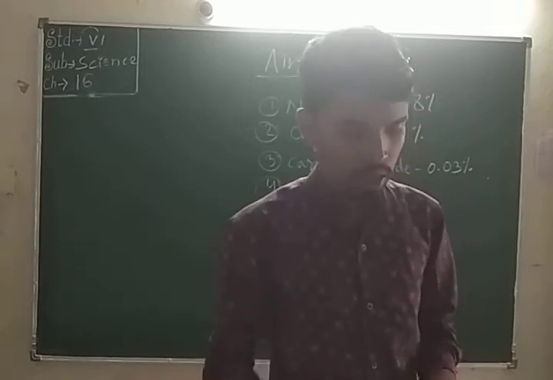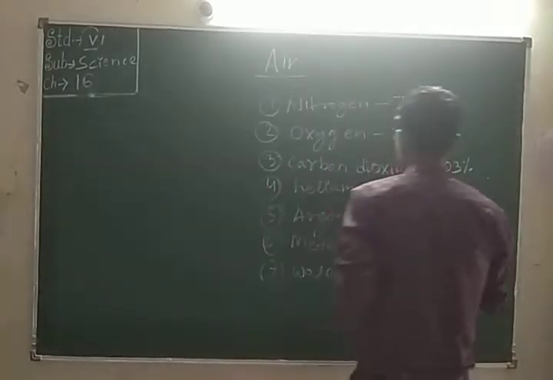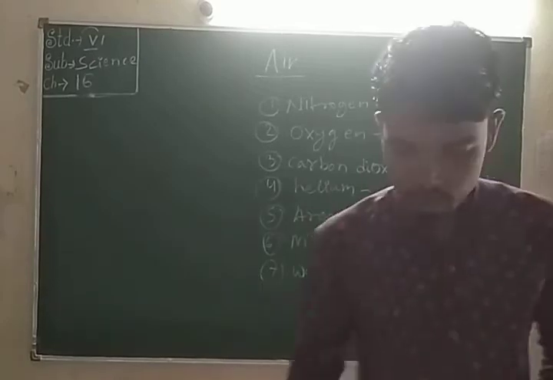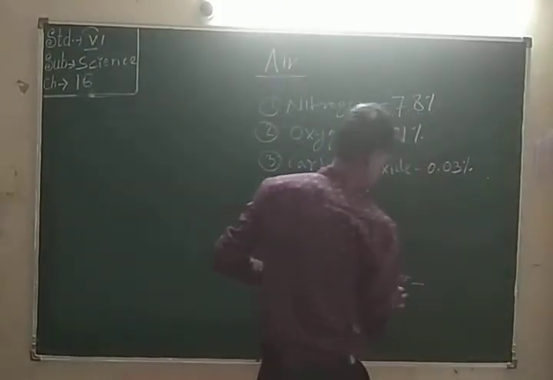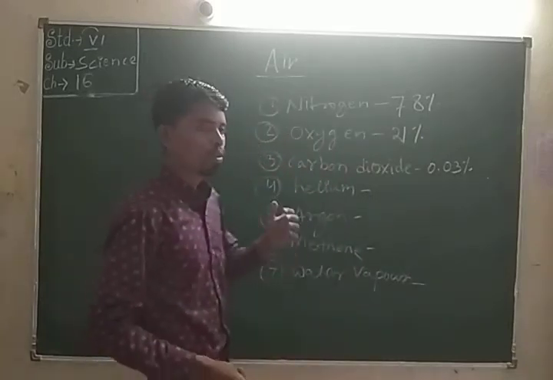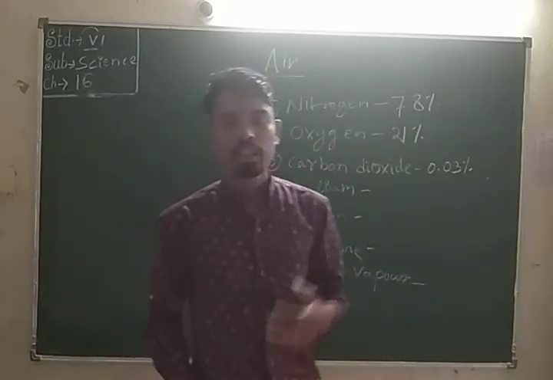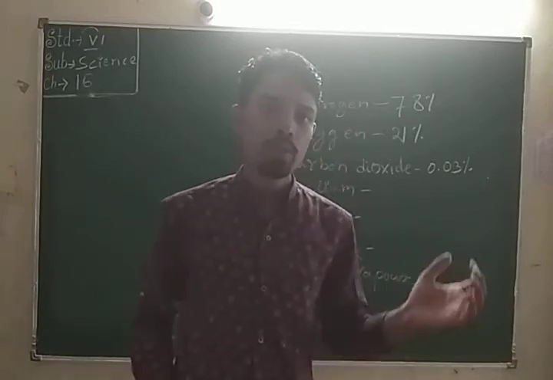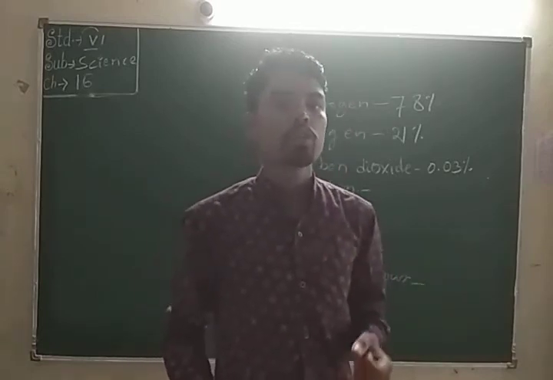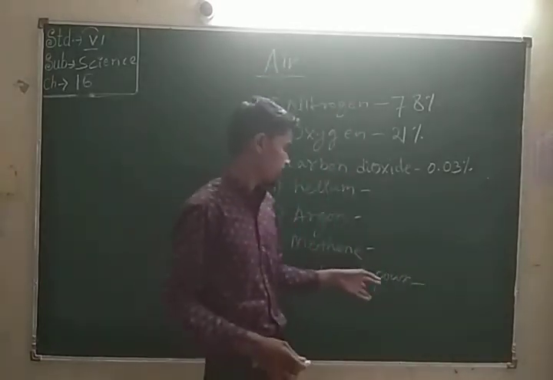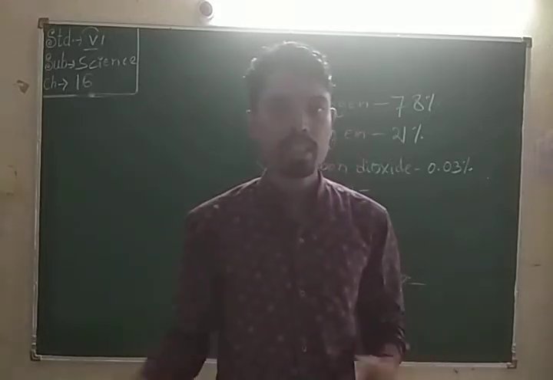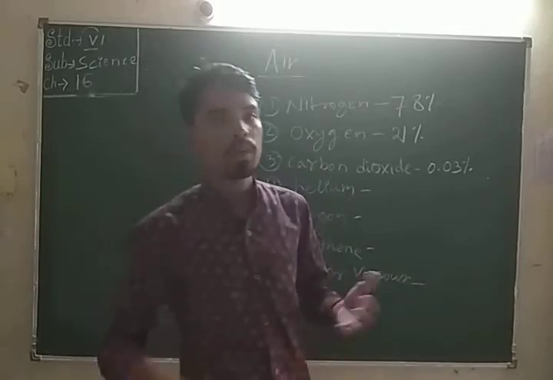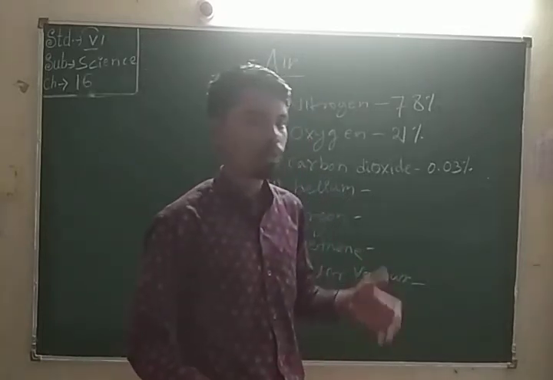So student, you already know about water vapor. When the temperature increases, water converts from liquid form to gaseous form. This is the evaporation process, and next is the condensation process, and next the precipitation process.